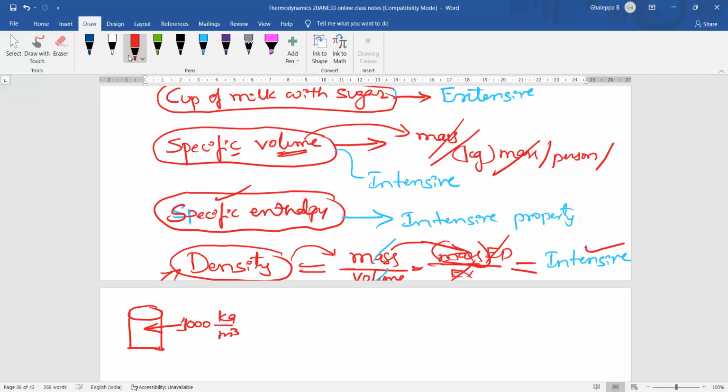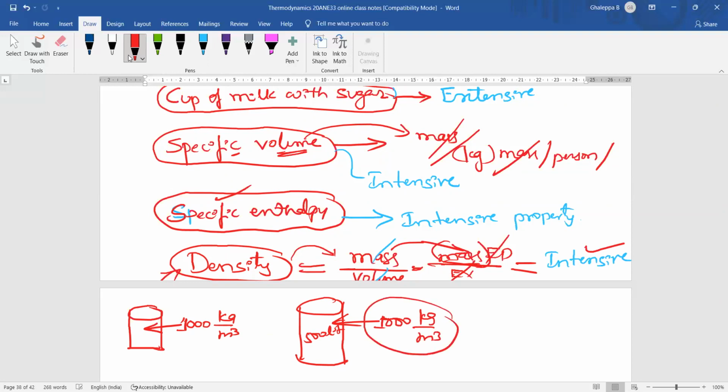In my home, on the top terrace, I have a big tank of maybe 500 liters. If anybody asks me the density of the water in the tank on the terrace, I should say it is 1000, the standard value of the density of water. It will not change with respect to mass.